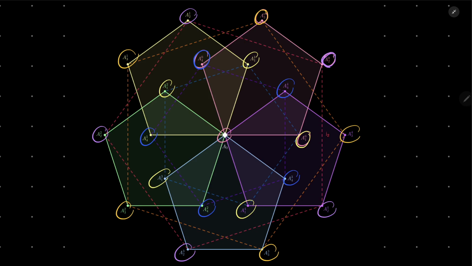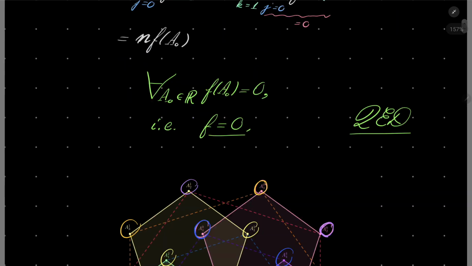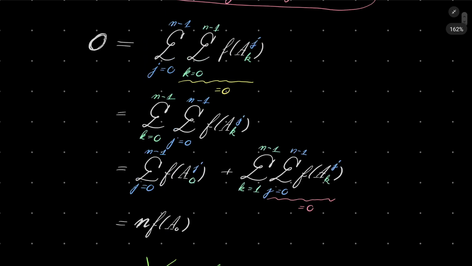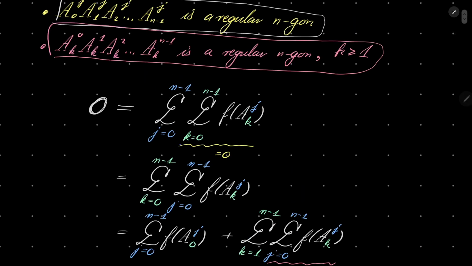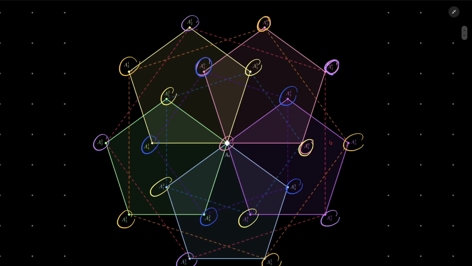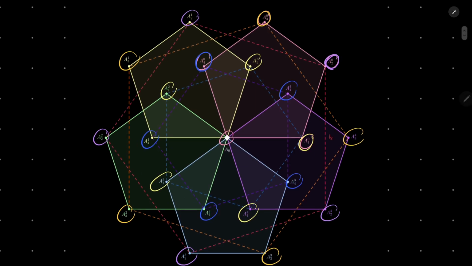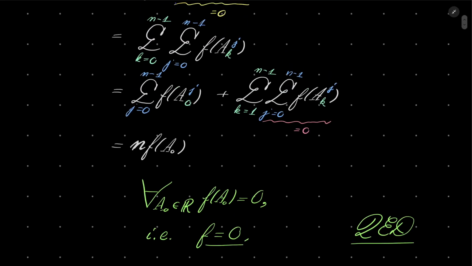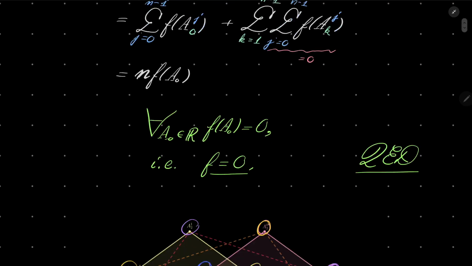These pentagons are represented by the first sum, where k goes from 0 to n minus 1. And finally, after a bunch of rotations, if you look at these dashed lines which I drew, we have 4 regular n-gons. That's the last sum, because k goes from 1 to n minus 1, so one less, 4 polygons.